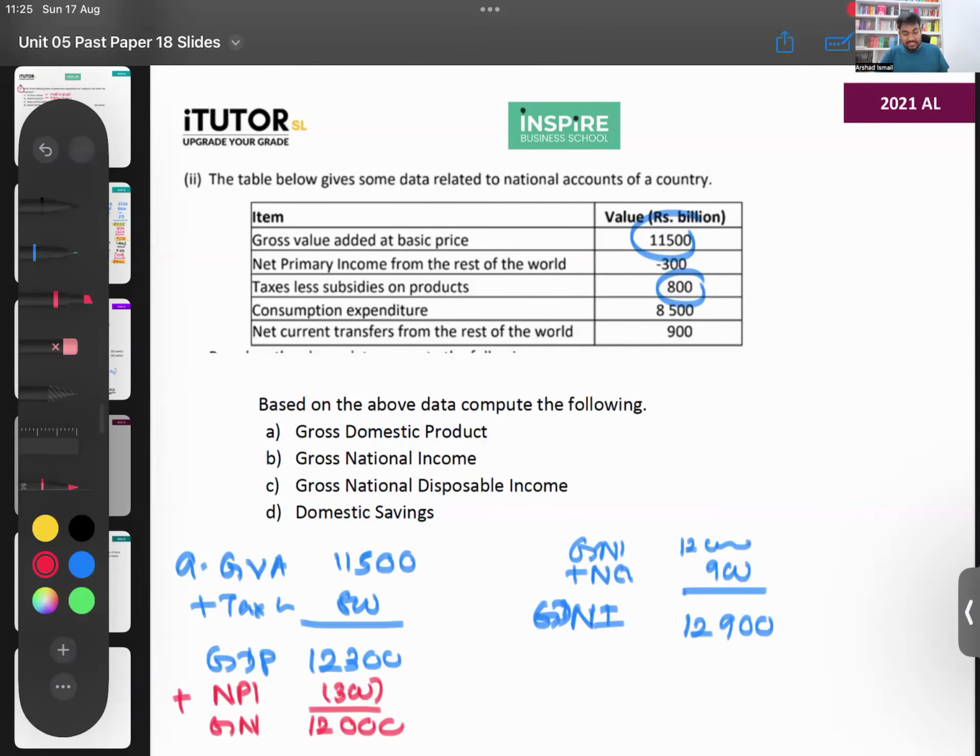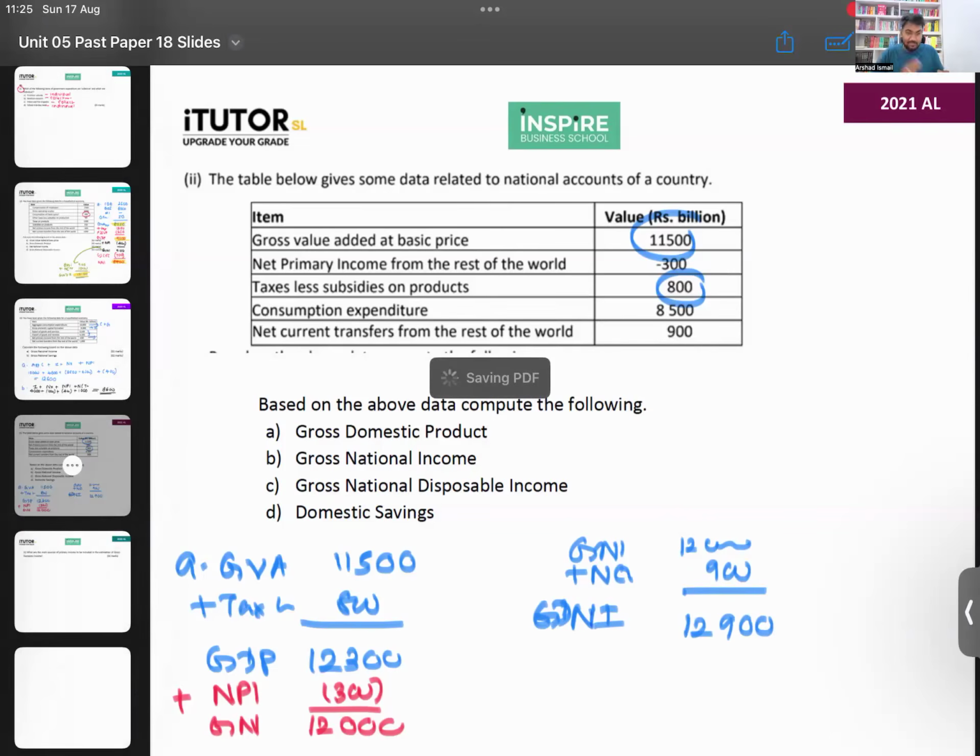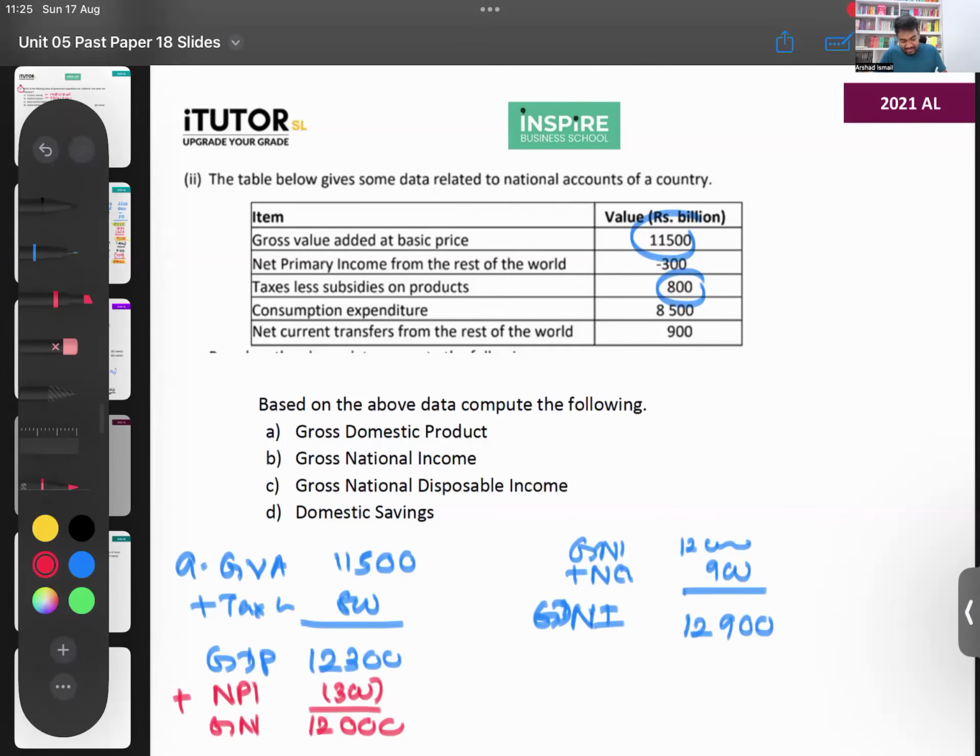If you don't have I and NX, what else do you have left? So from your GDP, you minus consumption level. So the last one, from GDP, if you minus consumption level, you get I and NX.